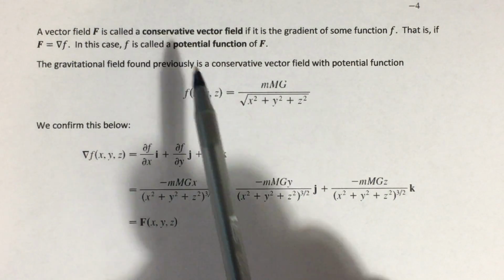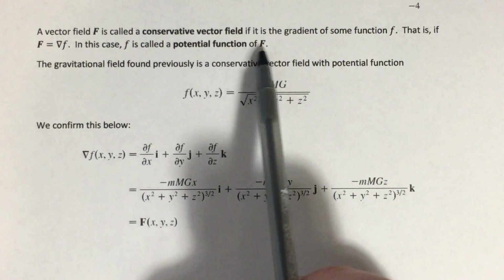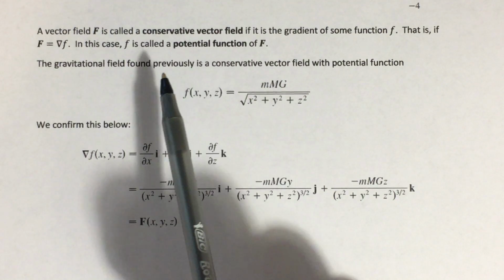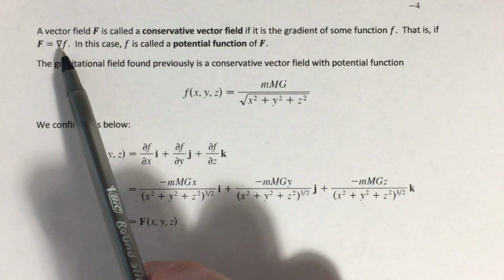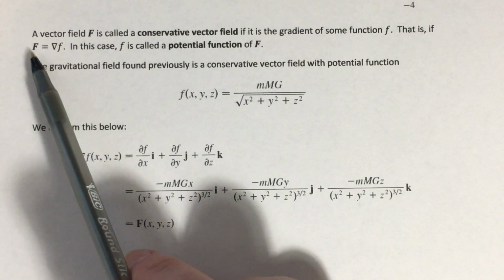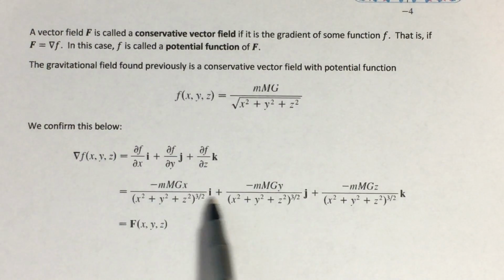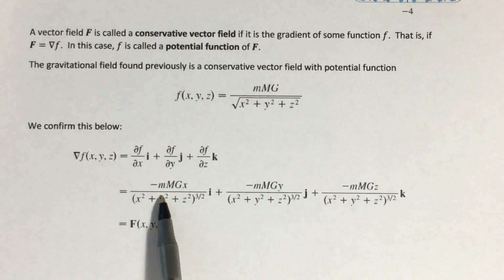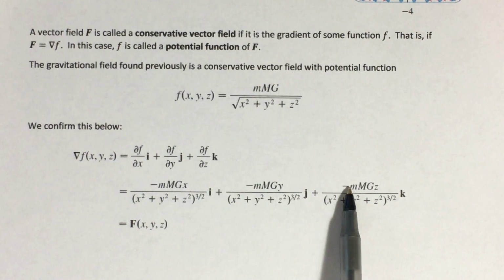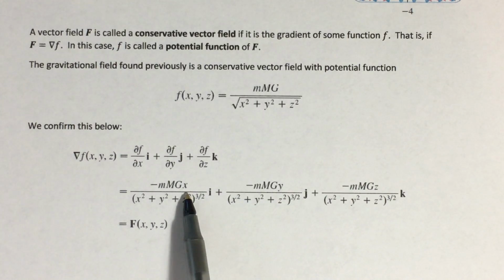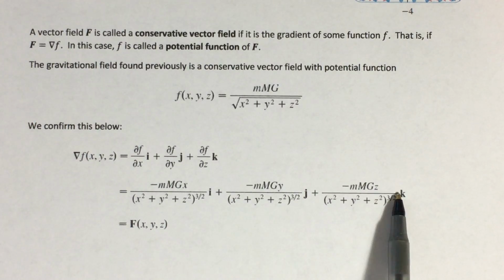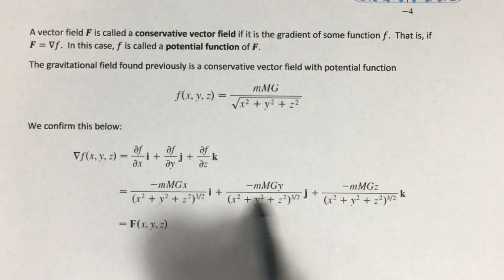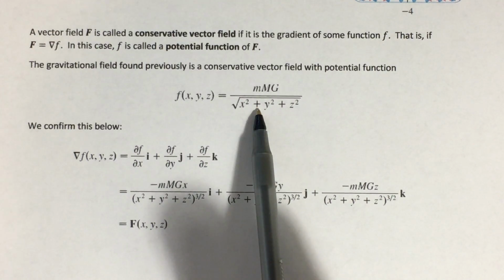We need to find some potential function for capital F and verify that that potential function, once we take its gradient, gets us to F. So down here, this is the form that I had put the gravitational field that we came up with on the previous page in. It's in component form. And really, it just comes down to verifying that this thing is the gradient of this function right here.